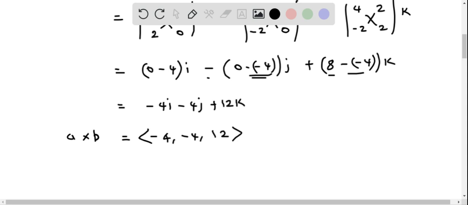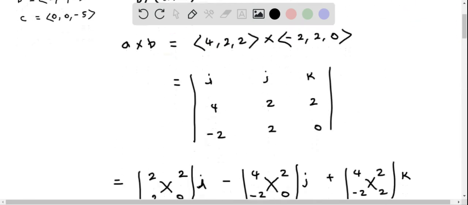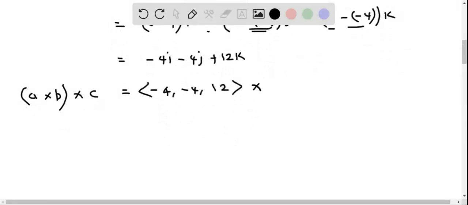We now find the A cross B cross C. So I'm going to write this as A cross B cross with C vector. So here I write down this C vector, which is 0, 0, -5. Now let's use the determinants once again. So i, j, k.